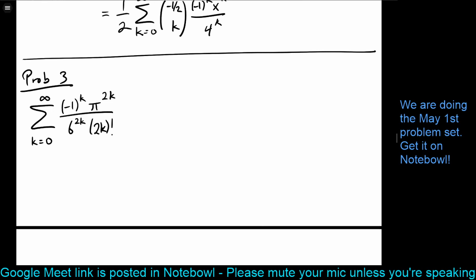Any ideas on how we could compute this? Give you a hint if you haven't got anything yet.